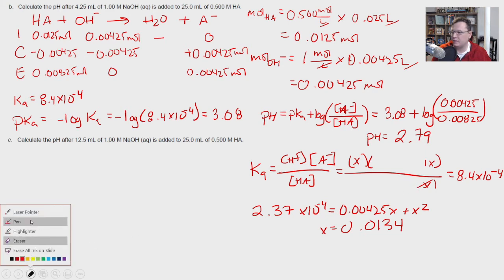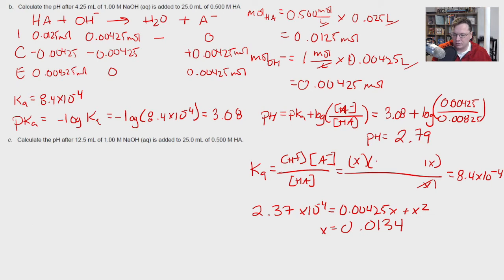I put the moles, I didn't put the concentrations, right? So this was 0.145 plus x, and then this was 0.282 plus x in that case.